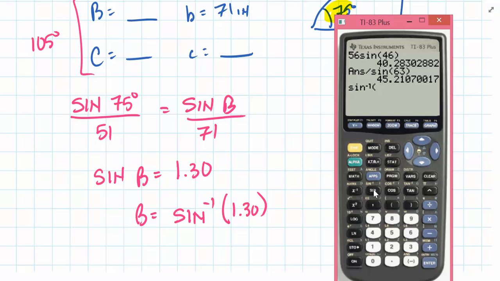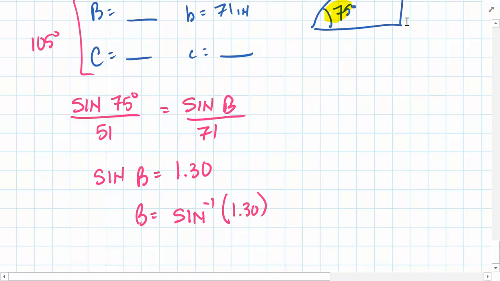So second inverse sine of 1.30. And do you guys get what I get? You get an error message. The reason you're getting an error message is because there is no angle whose sine is 1.30. This is an error, because if you think about it, the sine graph lives between 1 and -1, right?